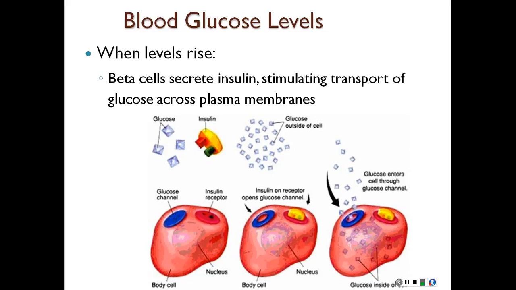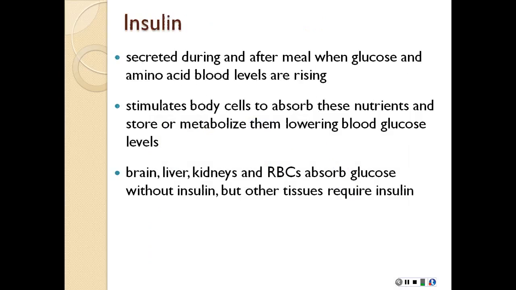So beta cells secrete insulin, stimulating the transport of glucose across the plasma membrane of our body cells. Insulin is secreted during and after meals when blood glucose levels elevate, and also when amino acid blood levels elevate. What types of food cause your blood glucose to increase? Carbohydrates. What types of food cause amino acids to increase? Protein.